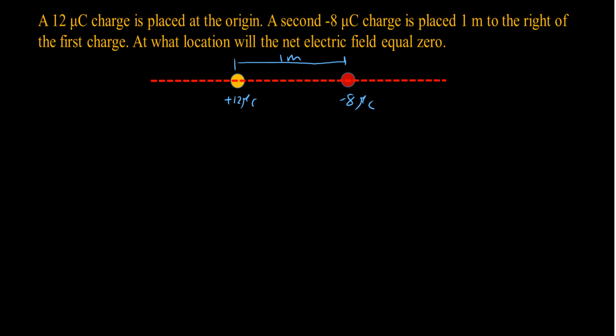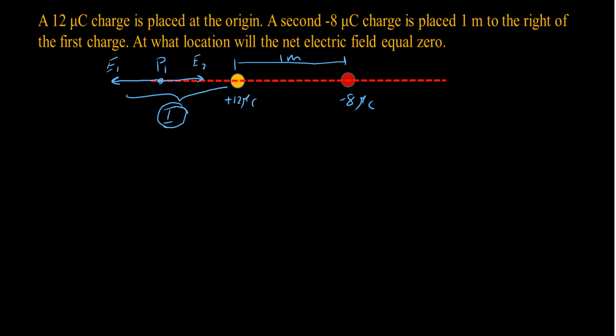If I assume this is my point 1 in region 1, first of all, the electric field generated by the 12 microcoulomb will be going to the left, whereas the electric field generated by the negative 8 microcoulomb will be going to the right.